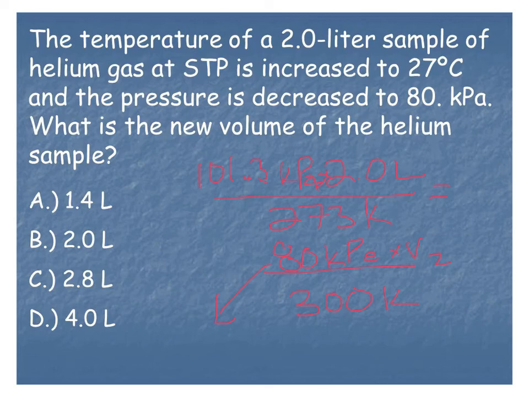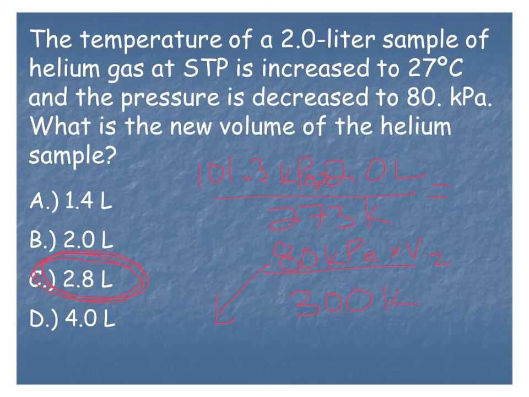So it's 101.3 times 2 divided by 273 equals, so that's that number, and then that has to get multiplied by 300 equals, and then divided by 80, and that should equal 2.7 liters. So that's close enough to 2.8 liters. 2.78, actually. So there you have it.